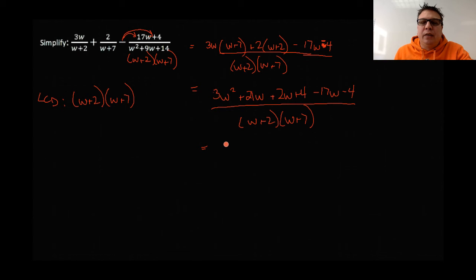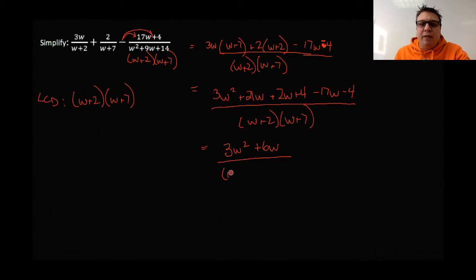All right, so now there's only a w squared, so that's 3w squared. I've got 21w plus 2w, which is 23w. Then I'm going to subtract 17w from that, which gives me plus 6w. Positive 4 and negative 4 add out, so I don't have to deal with that at all.